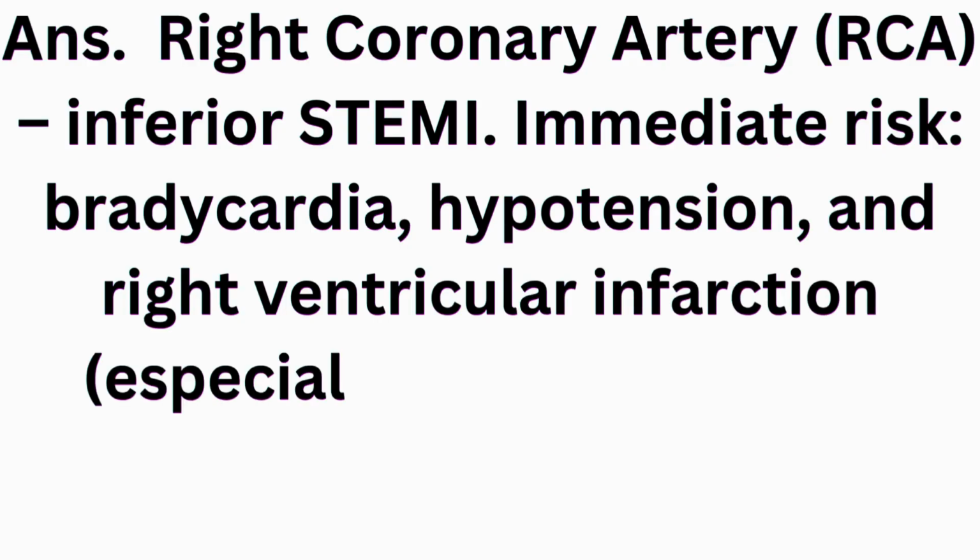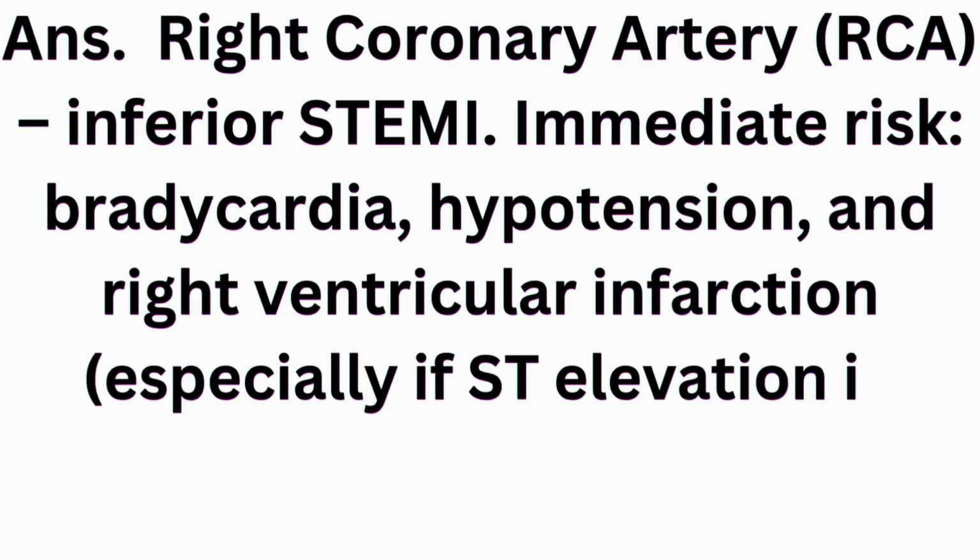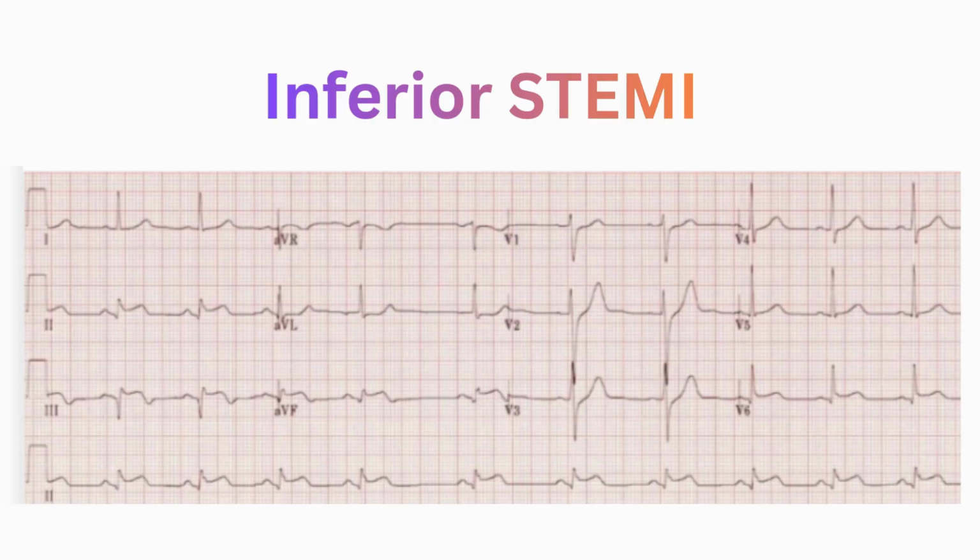The likely occluded artery in 80% of the cases is the right coronary artery. This is the main culprit. The remaining 20% are caused by the occlusion of the left circumflex artery. Immediate risk for mortality is about 2 to 9%. This comes because of bradycardia, hypotension, and right ventricular infarction.